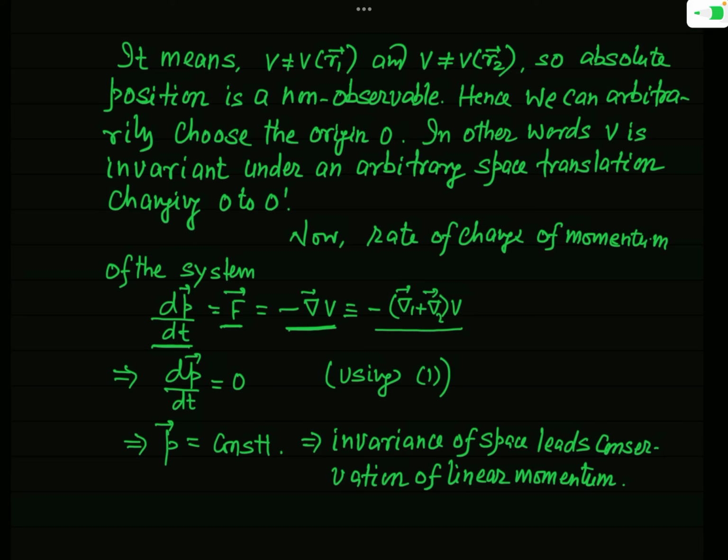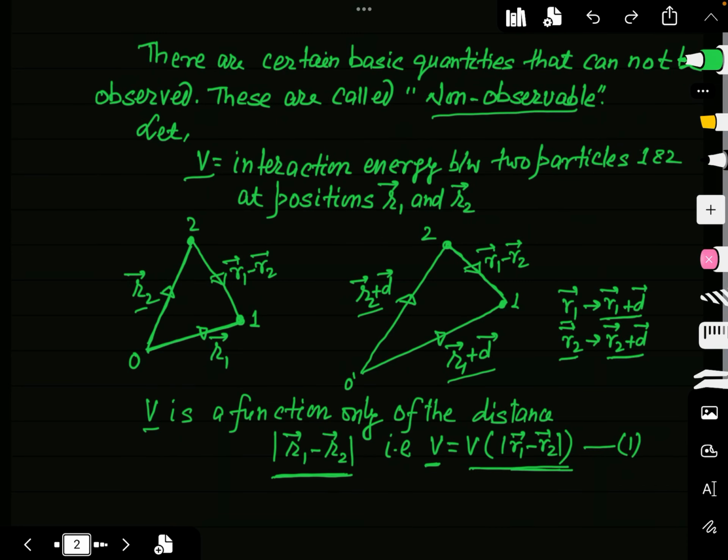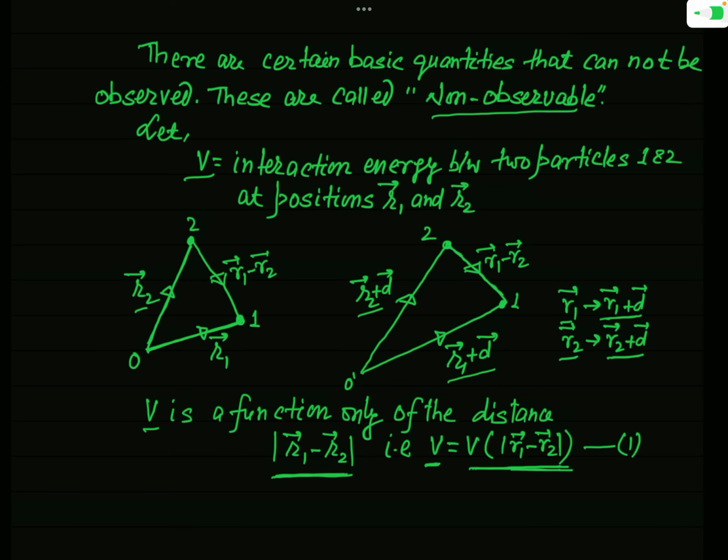But as you can see from equation number 1, since V is a function of mod of R1 minus R2, it means V is not a function of R1. It is independent of R1. Similarly, V is also not a function of R2.